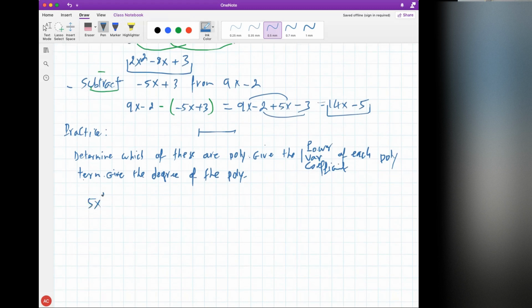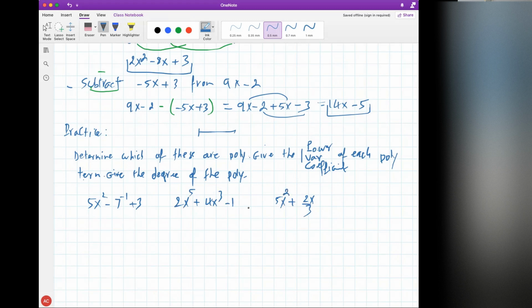So 5x to the second minus 7x to the power -1 plus 3, and 2x to the fifth plus 4x to the third minus 1, and also 5x plus, maybe, okay, it's another one, and of course that's that.